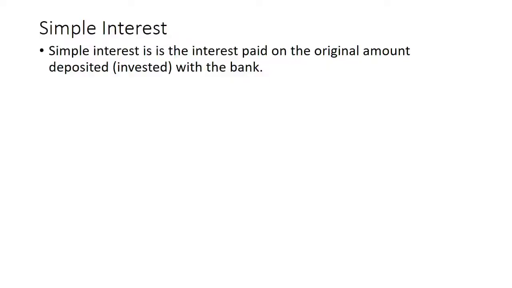Now, simple interest: you have interest that is added to the money. The money that you invest is called the principal. So it's interest that is earned on the principal that you invest. Simple interest is interest paid on the original amount that you deposit with a bank or some other financial institution.